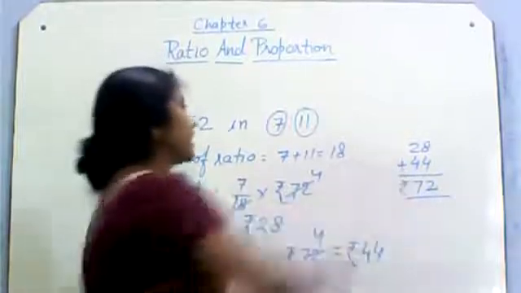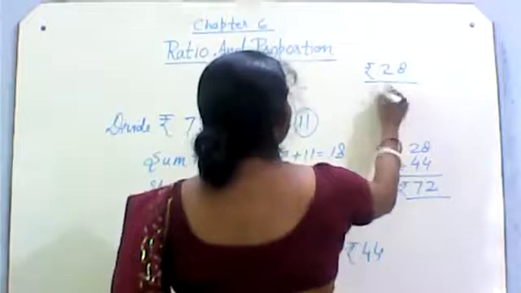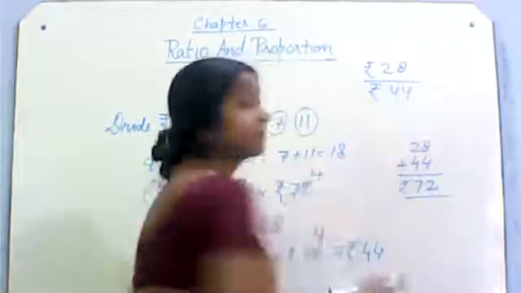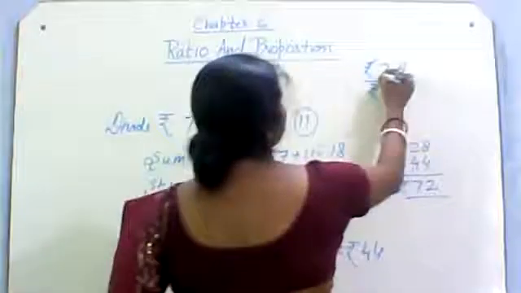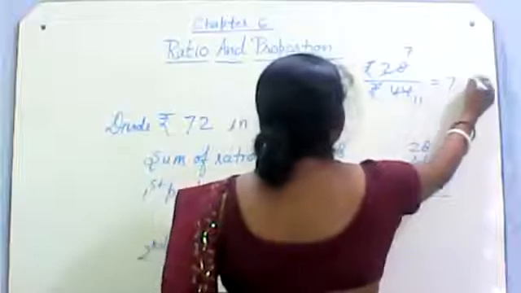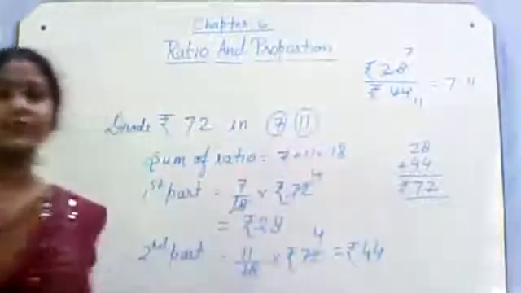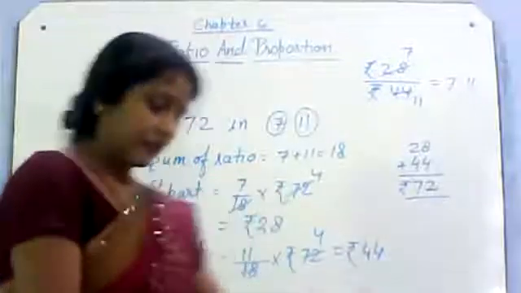Okay, and rupees 28 divided by rupees 44, if we make it ratio, see rupees cancel, we can cancel it by 4. 4 sevens are 28 and 4 11s are 44. What is there? 7 ratio 11 is coming. Enough? Okay.